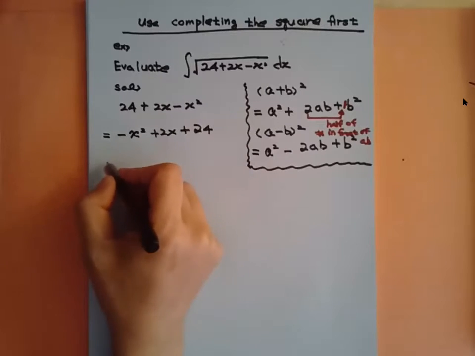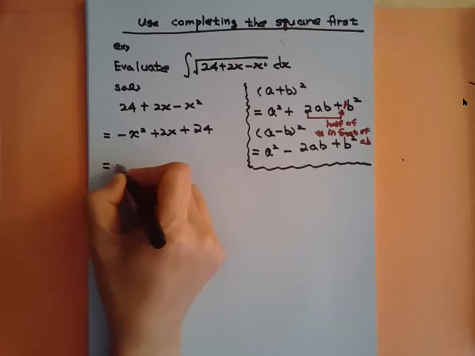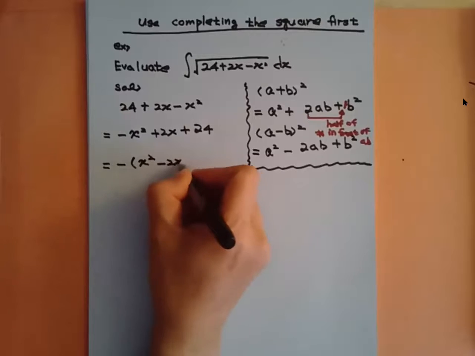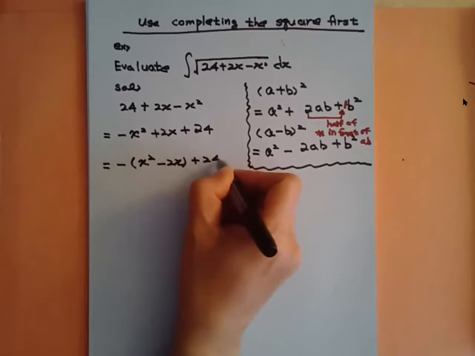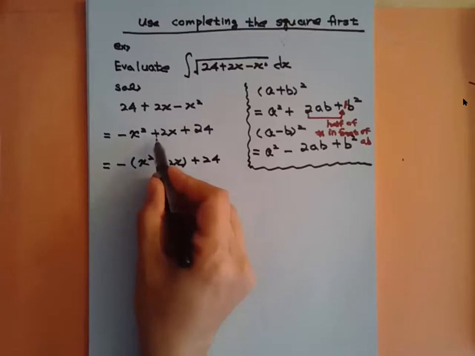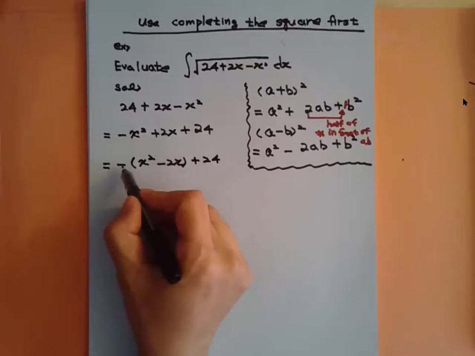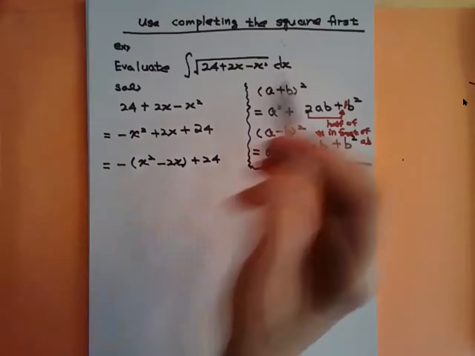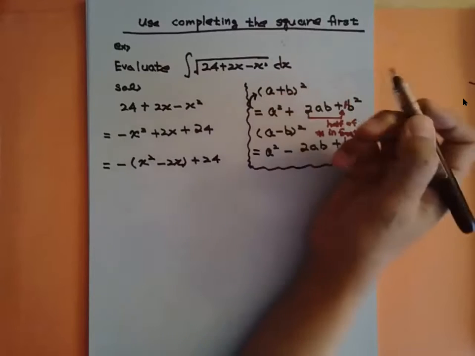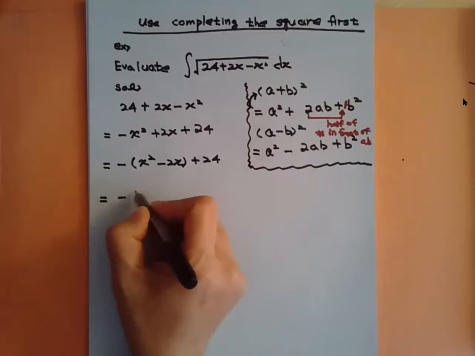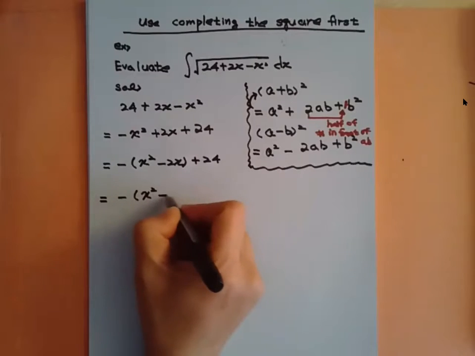So we will take out minus, then it becomes minus open parenthesis x squared minus 2x, plus 24. We switch the sign because we take out minus. Then we are going this reversing way. To do that, we have to do something. So this is minus x squared minus 2x.